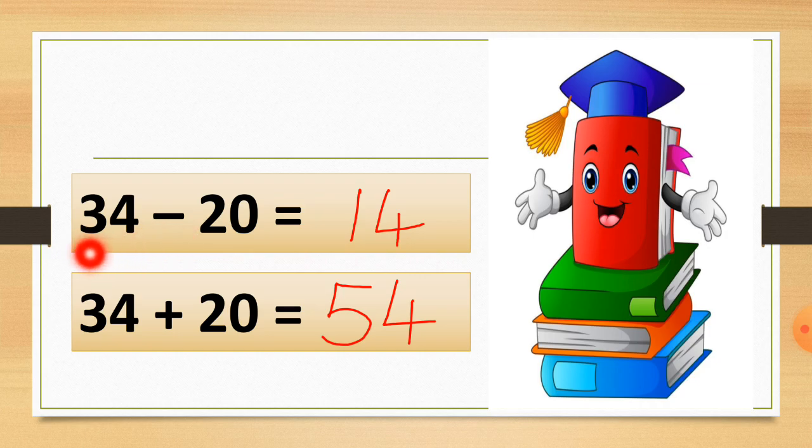So we have to just cut 2 from it. You can see here is the 2, and we have to cut this 2 from this 3. So if you take 3 fingers and hide 2 fingers, you will get 1 finger, and here is the answer 14. So this way you have to use the shortcut method to solve this sum.